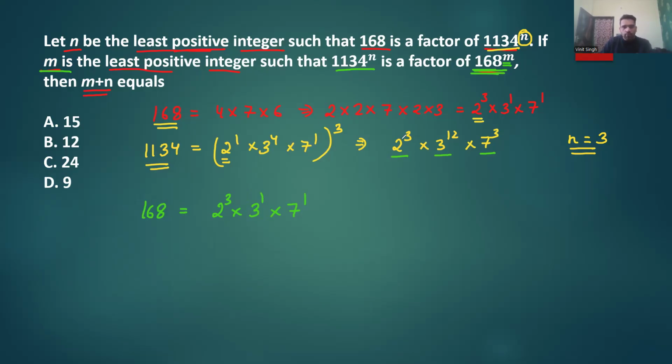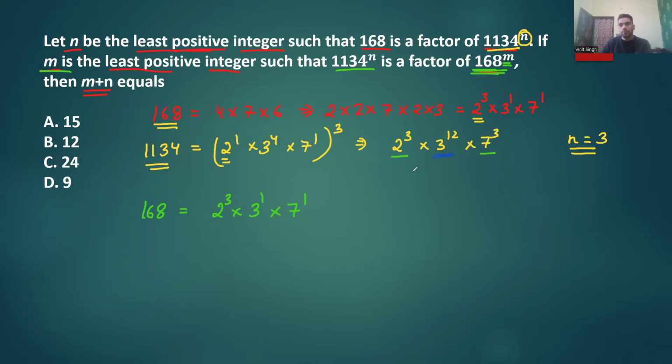Now here is 2 power 3, but here is 3 power 12, and here the power is 1. So at least 12 power is needed. Then we can say 1134 power n divides 168 power m.